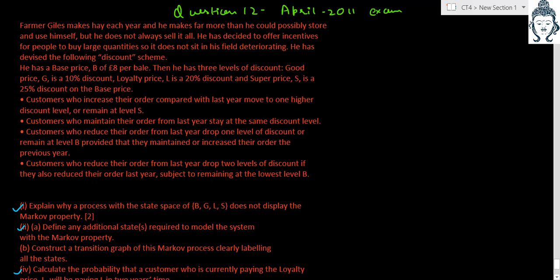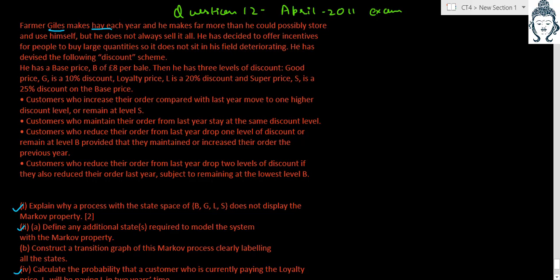Farmer Gills, a farmer called Gills, makes hay each year. He makes far more than he could possibly store and use himself, and he does not always sell it all, and he is not able to sell it all as well.